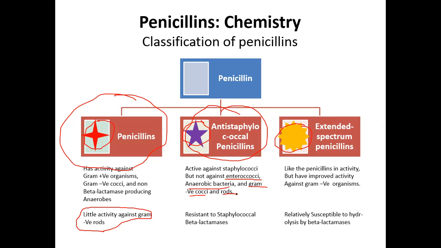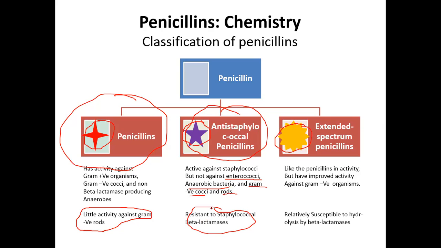Okay. Now, remember, I told you about beta-lactamases. Beta-lactamases are enzymes that are produced by bacteria. Different bacteria do produce beta-lactamases. And the beta-lactamases differ. It's a group of enzymes which break down the beta-lactam structure.